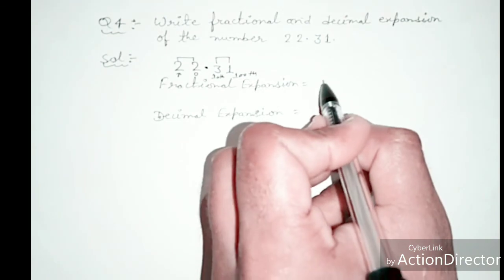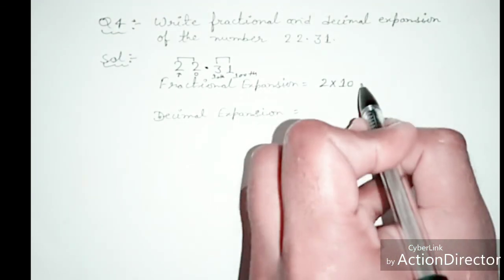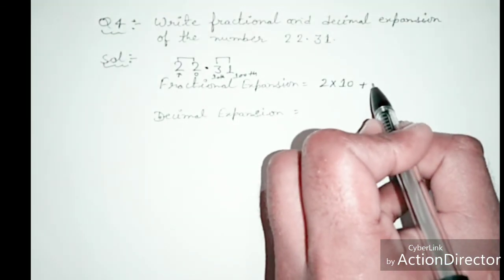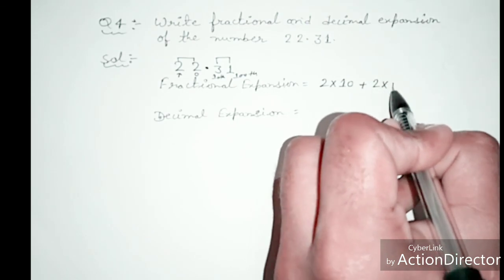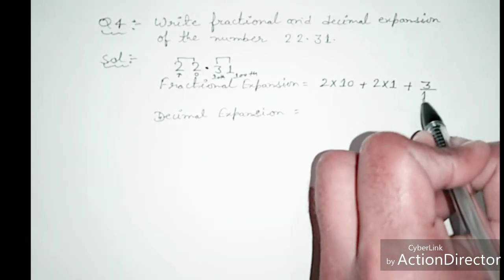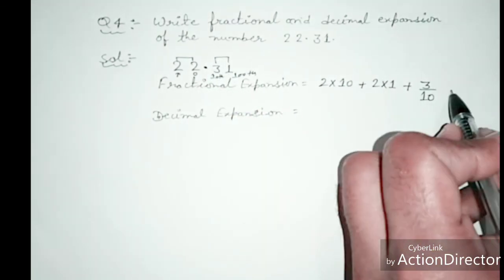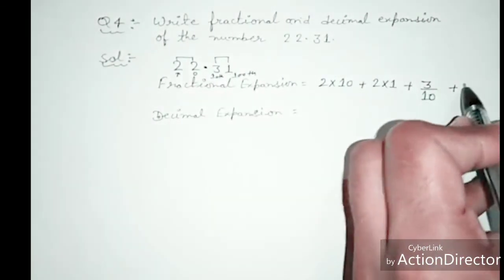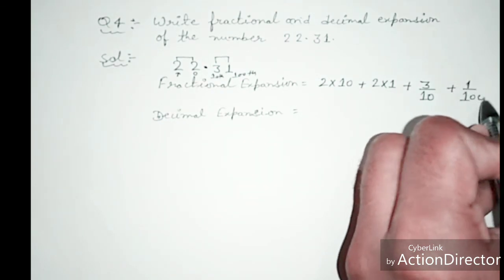So we write 2 into 10 plus 2 into 1 plus 3 upon 10, because 3 is in the tenths place, plus 1 in the hundredths place, so we write 1 upon 100.